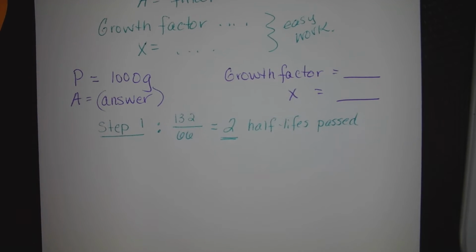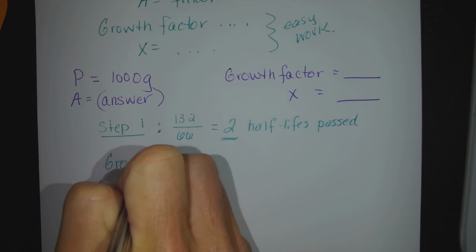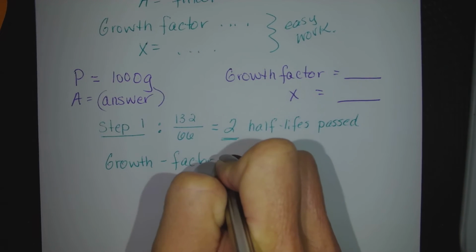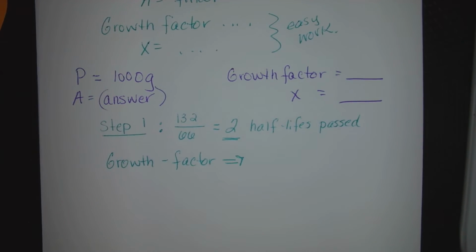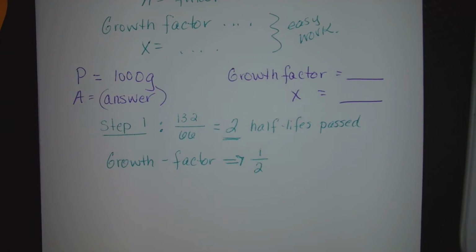Okay. Now, the growth factor is given to us in the problem. Is it 132? 16. It's a half. You get it? Half-life. So if I said the opposite, double, what's the opposite of a half?